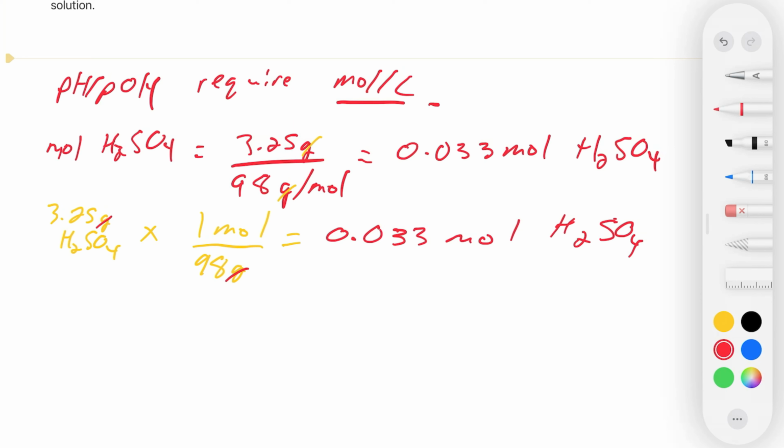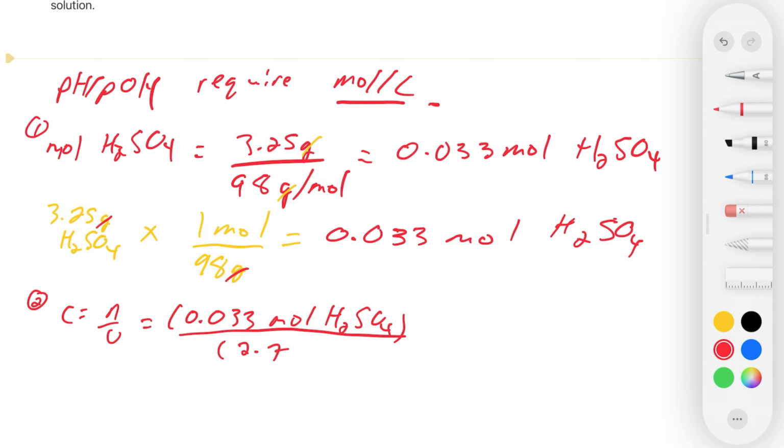Okay, now that we have the moles, we're going to go C is equal to n over V. We're going to get the concentration. So this is kind of like the first step. This could be the second step. And that's going to be equal to 0.033 moles of H2SO4 divided by 2.75 liters. And then that gives us the concentration of 0.0121 moles per liter of H2SO4.